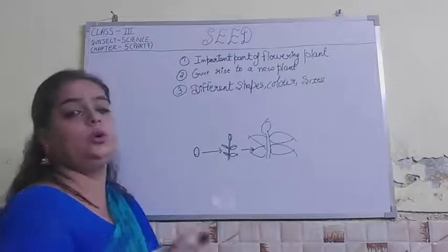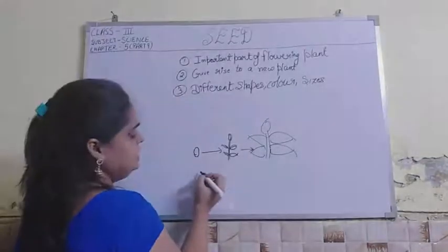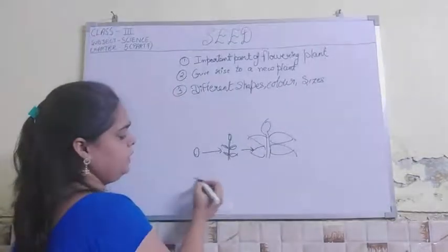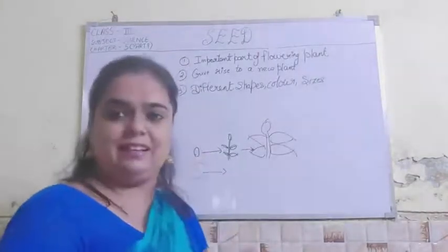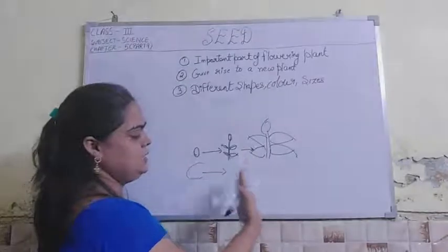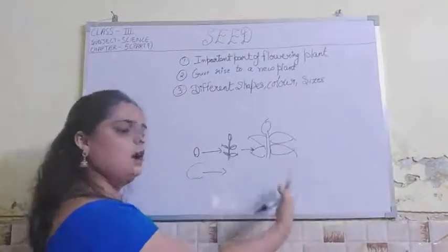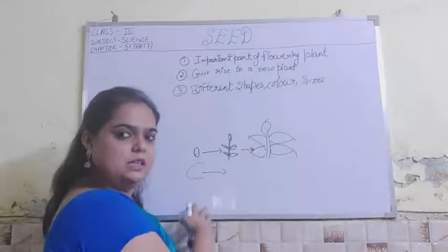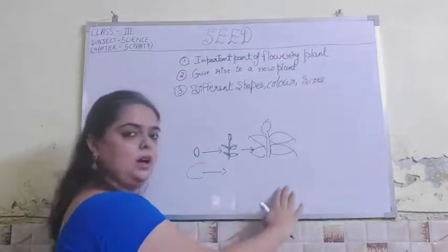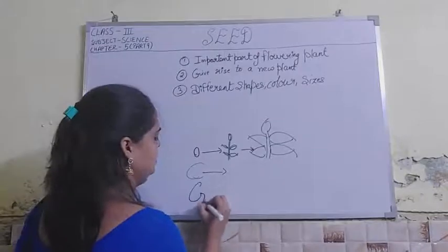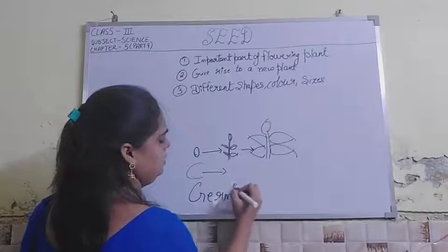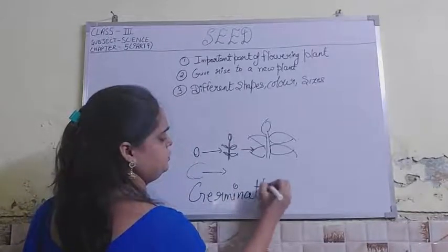When the seed is developing into a baby plant, the baby plant is called a seedling. From a seed to a seedling and then to a plant. From a seed to a baby plant and then to a big plant. This process is called germination.